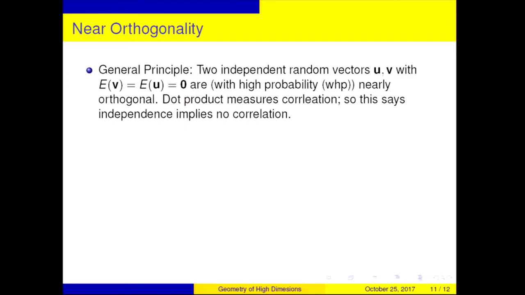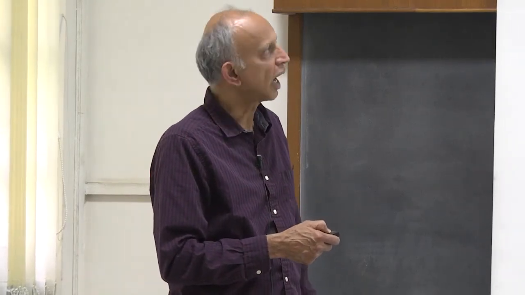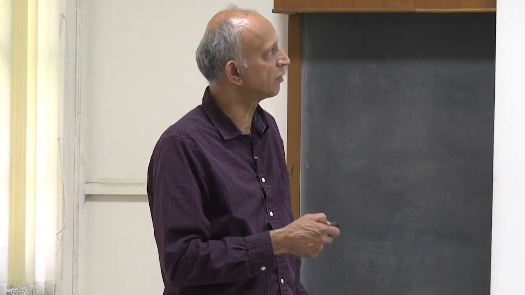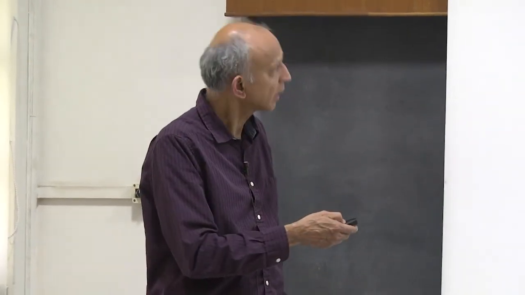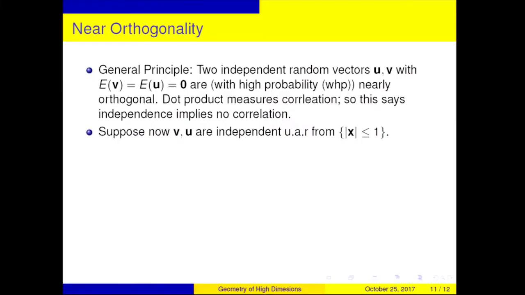So intuitively this is clear, but dot products measure correlation, and this says that independent vectors will not be correlated, right? So intuitively that should be the case, and in fact it is the case. So we'll prove that using the equator thing. We'll prove something stronger.